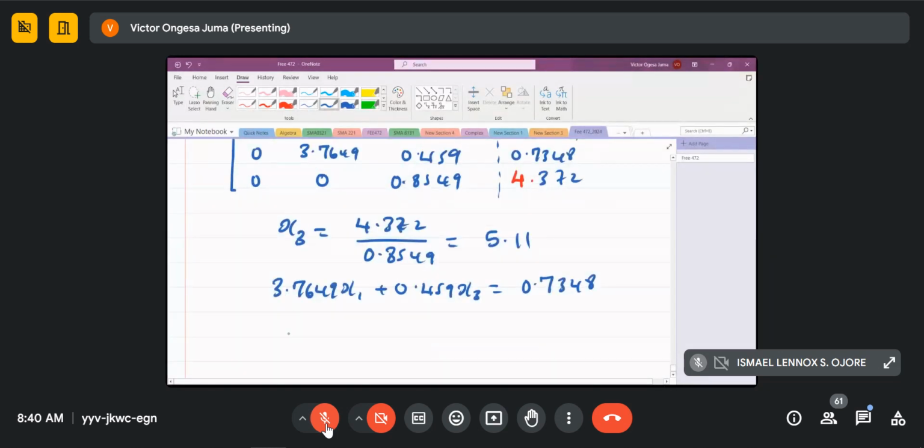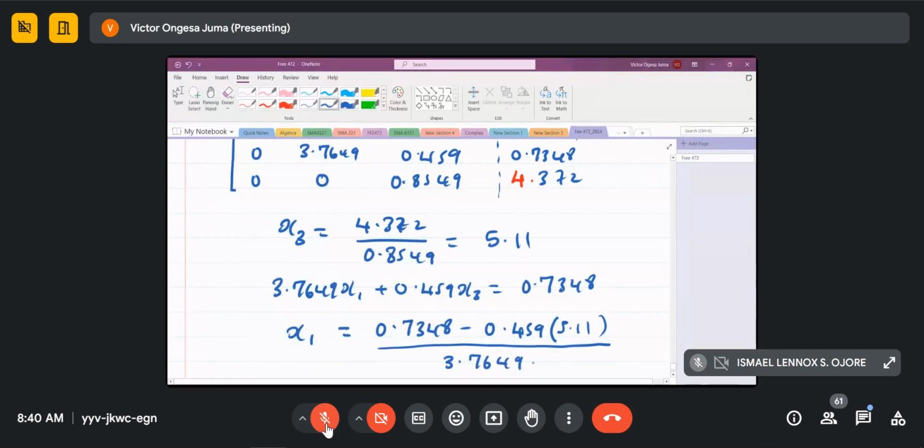That means my x1 is the same as 0.7348 minus 0.459 multiplied by x3, which is 5.11, and then divided by 3.7649. Give me those values.